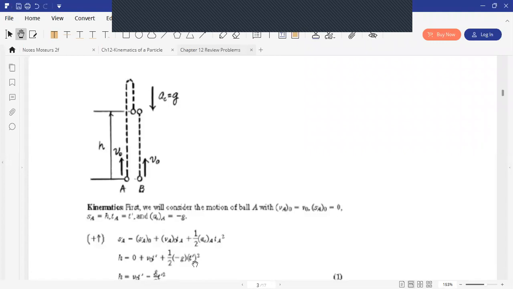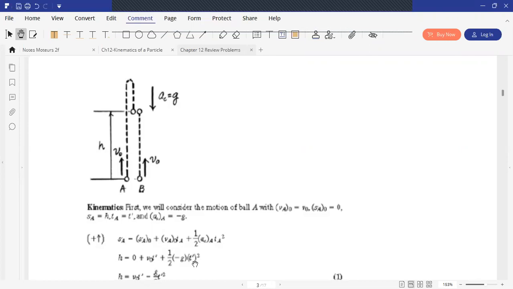Minus. Why minus? Because look at this example. If I launched A at t equals 0 and I launched B at t equals 2 seconds, okay? When t becomes equal to 10 seconds, for example, the total time of motion of A will be 10 seconds, while the time of motion of B will be what? 10 minus 2, 8 seconds. Not 12, 8.